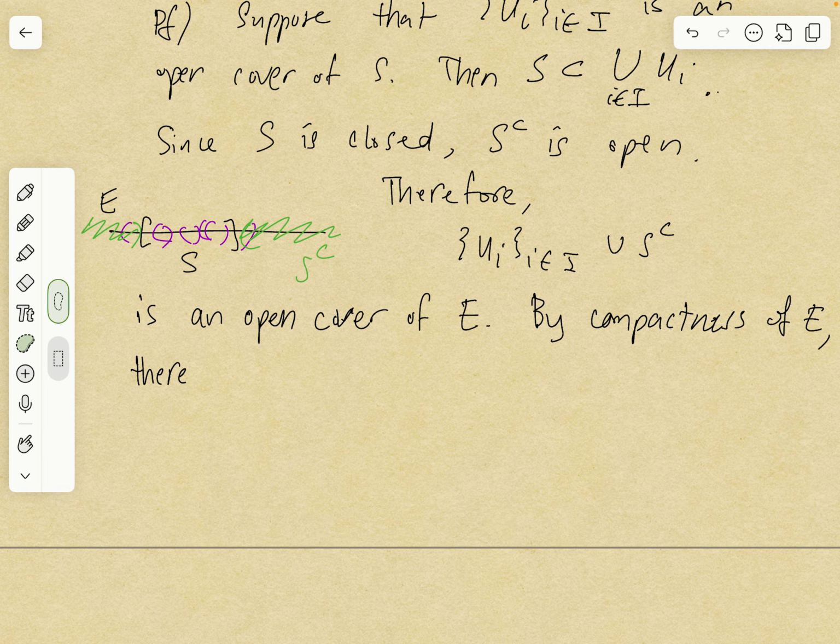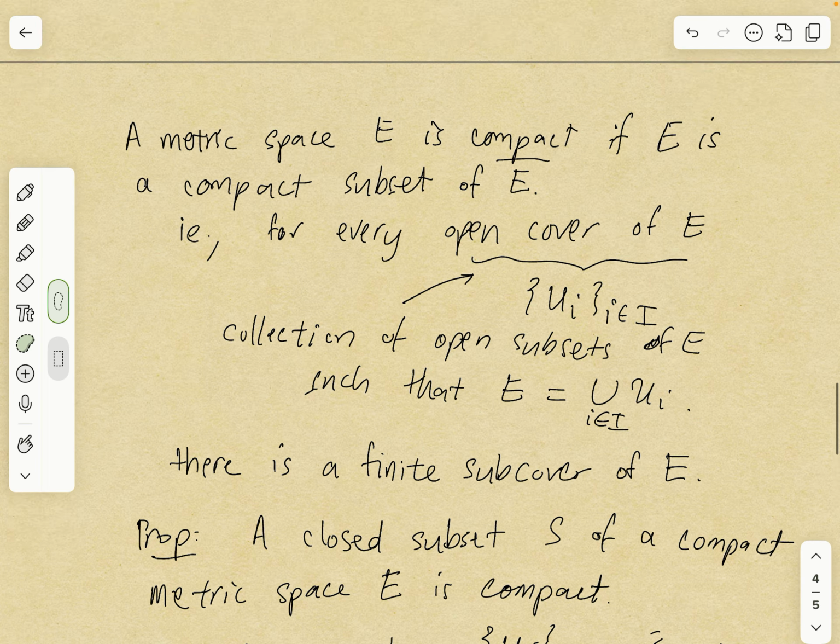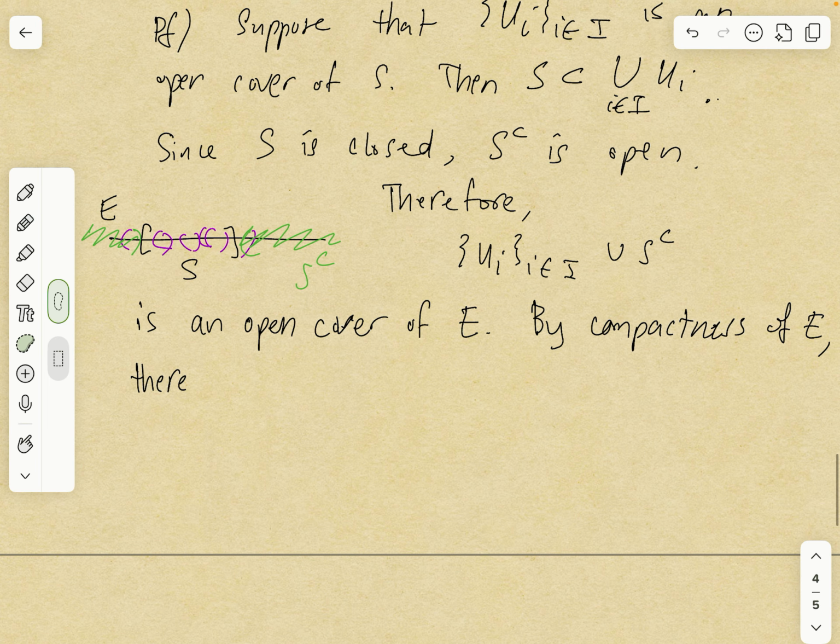You don't actually know. But there is some finite subcover. It could be that the UIs just cover S complement also.